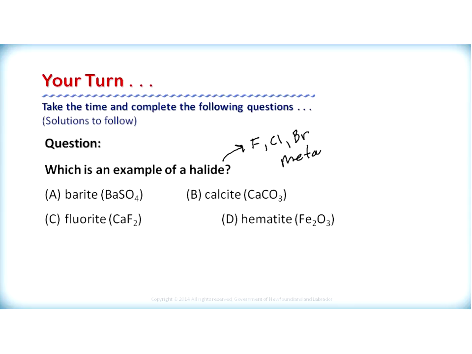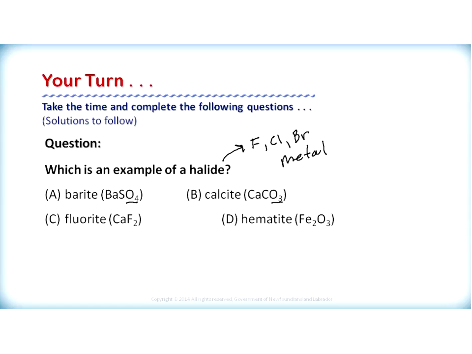Now that you have had time to prepare your answer, which is an example of a halide? Halide itself suggests that you have one of the following elements: fluorine, chlorine, or bromine, combined with a metal in front.